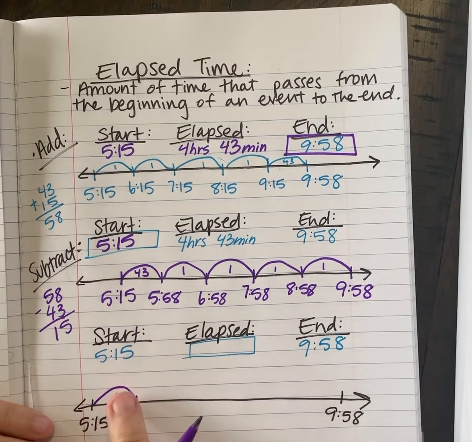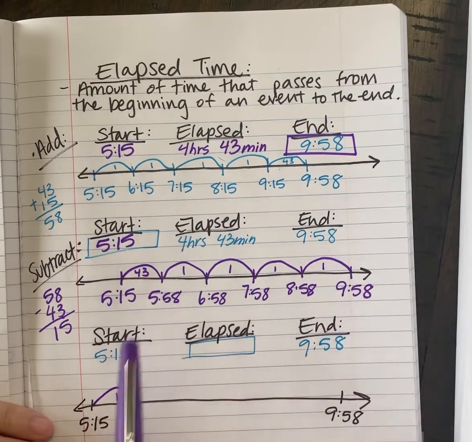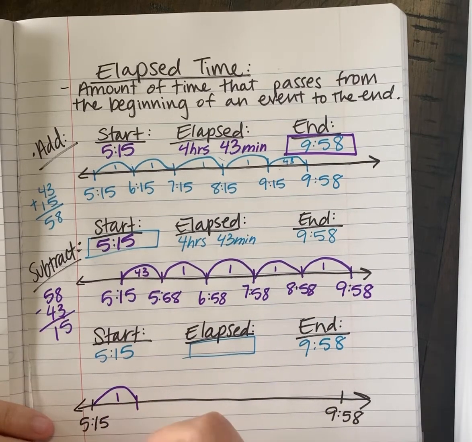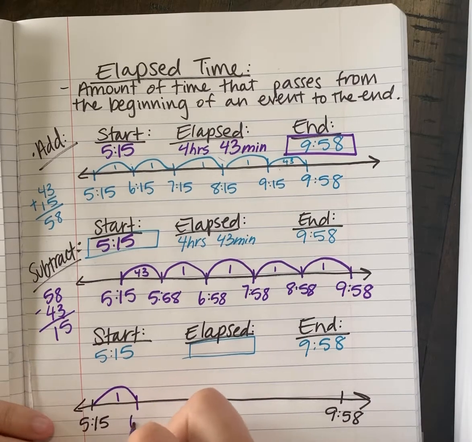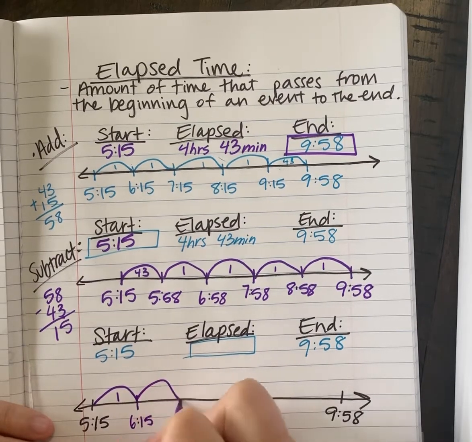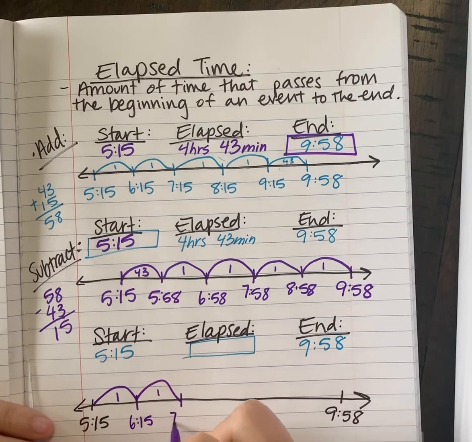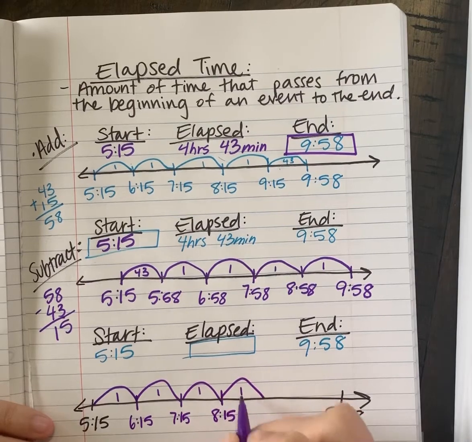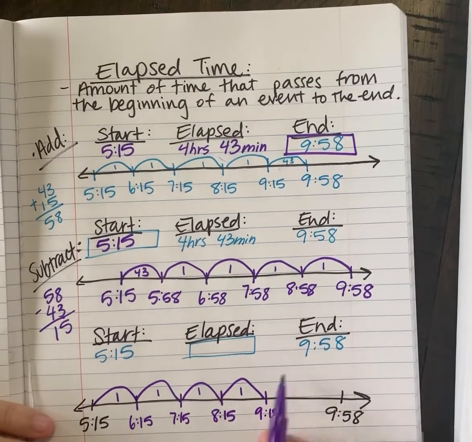To find my answer, I'm going to have to add up the hours I put up here, so I put the little digit in there so I don't forget. 1 hour, 6:15. 2 hours, 7:15. 3 hours, 8:15. 4 hours, 9:15. I'm almost there. I can't jump another hour or it would be 10:15.